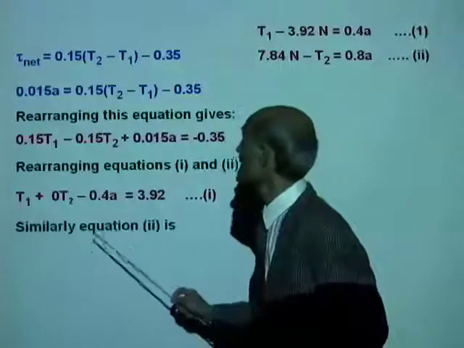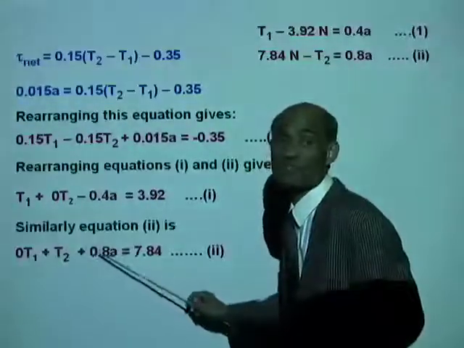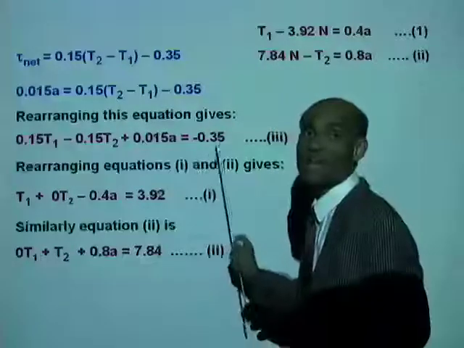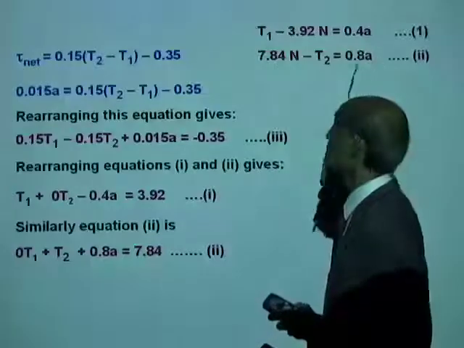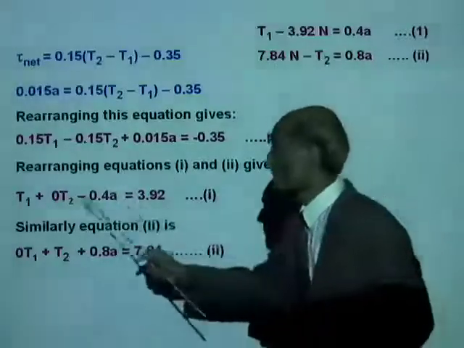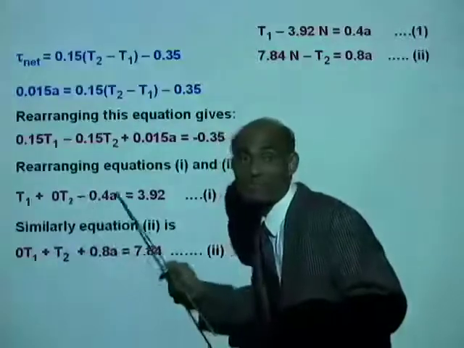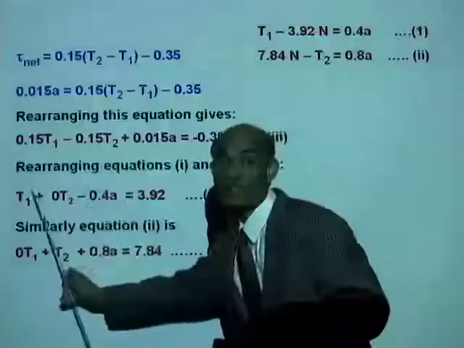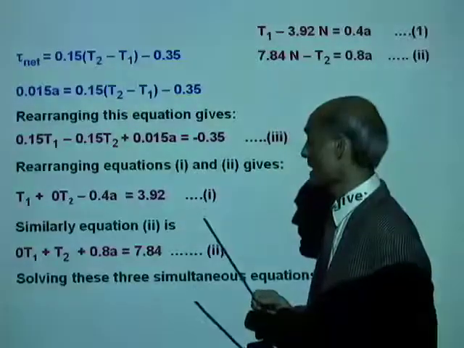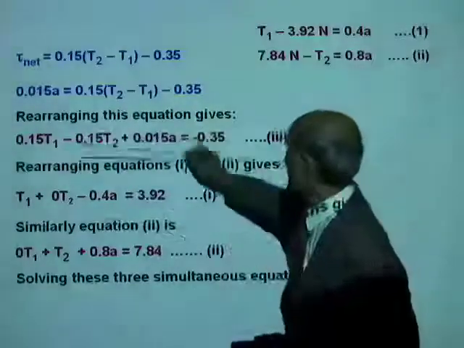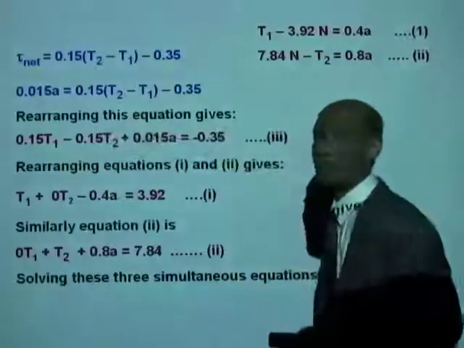And the second equation is 0 T1 plus T2 plus 0.8 a equals 7.84, rearranging this equation. We are aligning T1, T2 and a on the left side and writing the constant numbers on the right side. And now you have equations 1, 2 and 3.